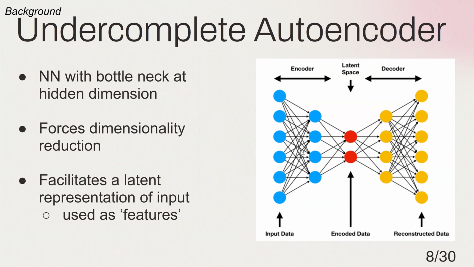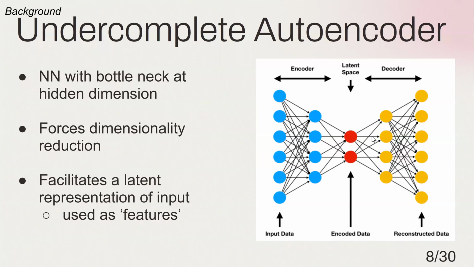Traditionally, people use what's called an undercomplete autoencoder, where, like I just described, there's a bottleneck in the middle where they try to learn some kind of a code for the input data. Having this smaller dimensional space, there's information loss, but this forces a dimensionality reduction.